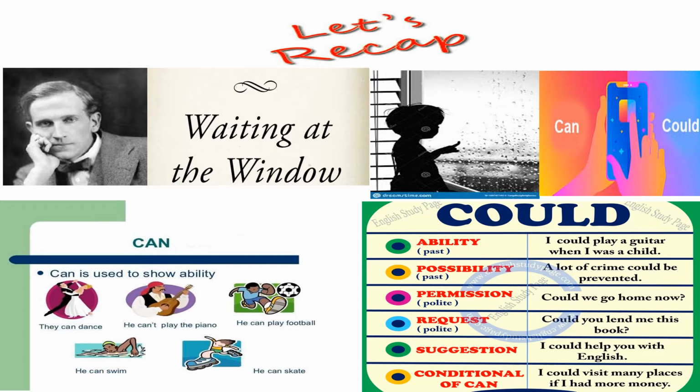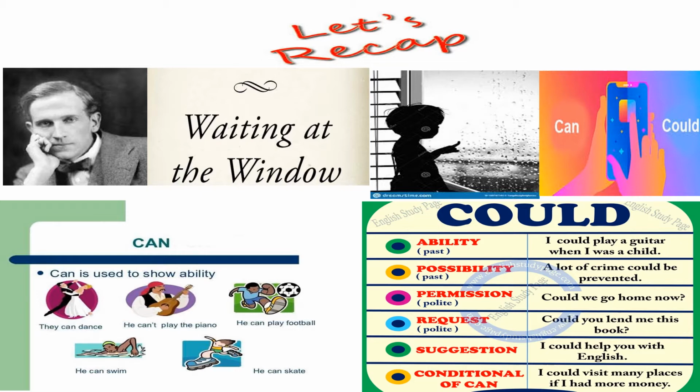We also saw how this little boy is looking at the rain standing near the window pane and also is playing a game with the drops of water that are falling from the window pane, and he also named them as John and James.